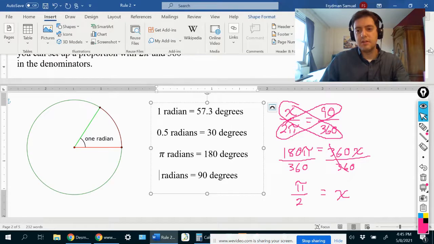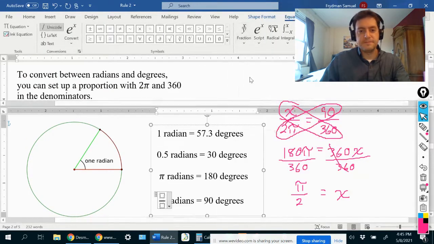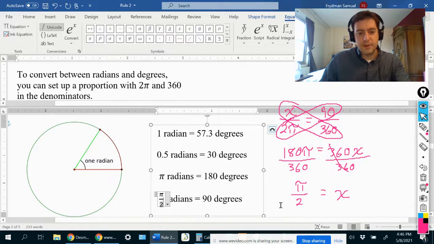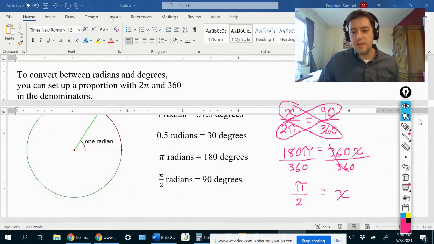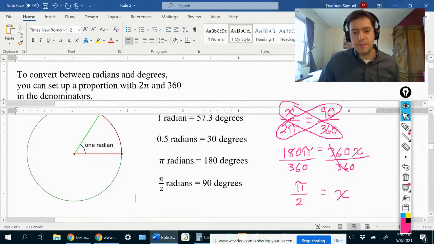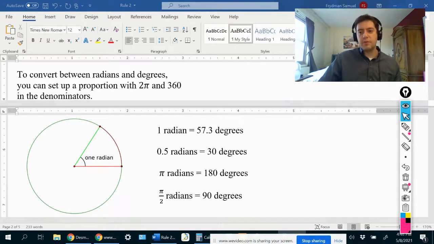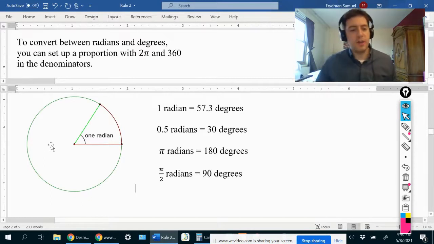Oh, now I got to use this thing over here. There we go, I got it. That didn't take too long, right? So 90 degrees is the same as pi over 2 radians. Hopefully that makes sense to you based on our previous answer, because we said that 180 degrees was pi radians.